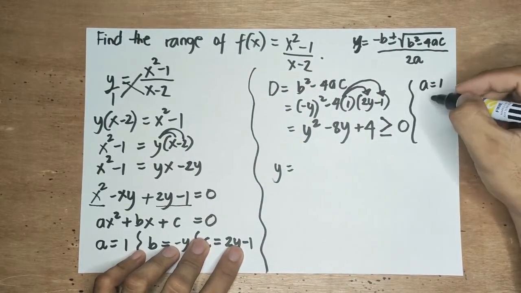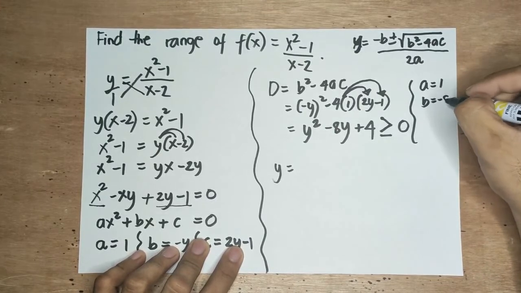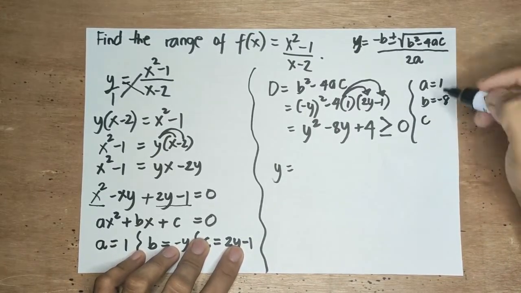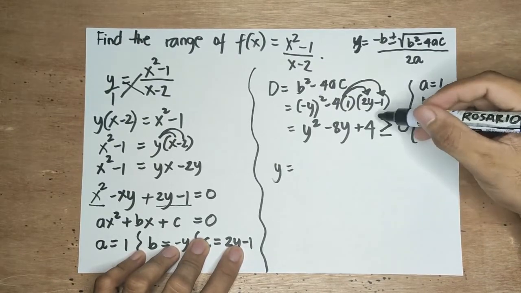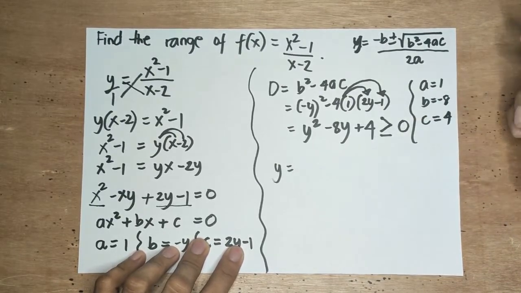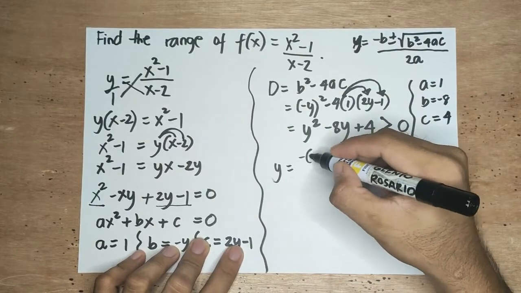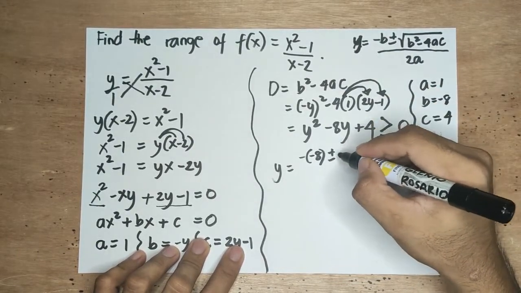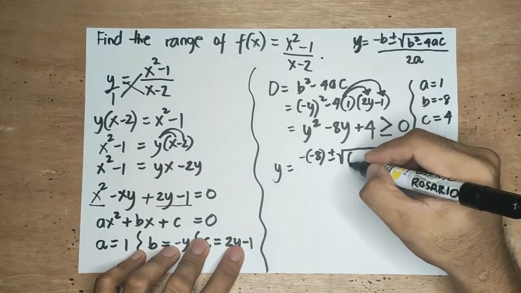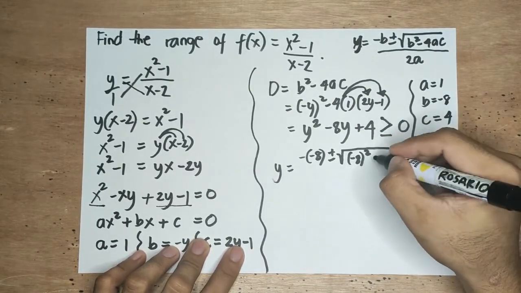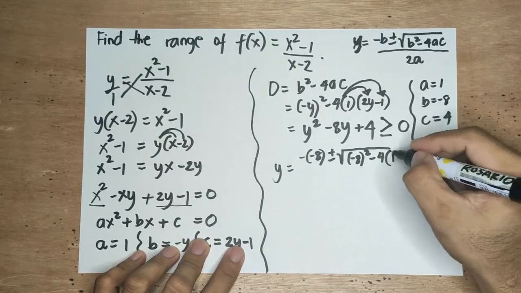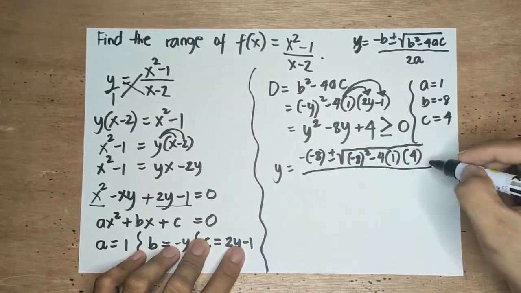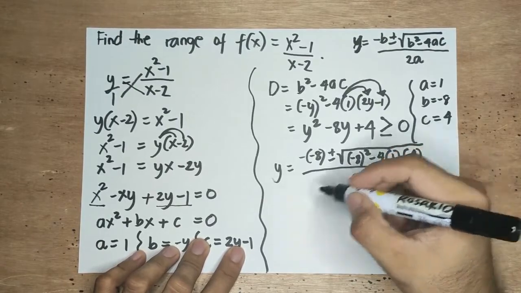A is 1, b is negative 8, and c is positive 4. Y will be negative b is negative 8, plus or minus square root of b squared minus 4, a is 1, and c is 4 all over 2a, 2 times 1.